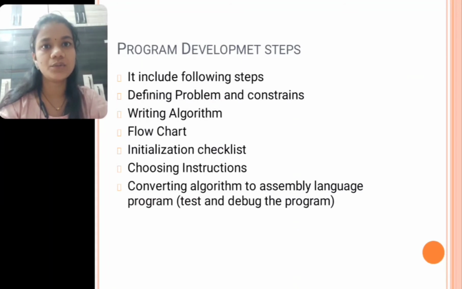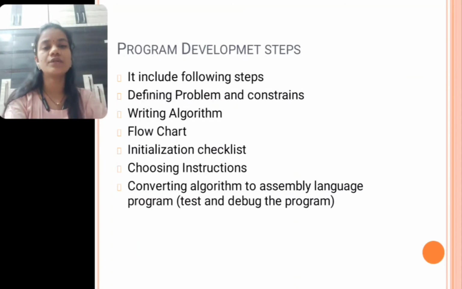Then writing the algorithm. We first have to write down the algorithm before starting the actual program. An algorithm is nothing but the steps of doing the program. Then the flow chart, meaning in what flow we are doing our program, so a flow chart is most necessary. Then initialize the checklist. Next is choosing instructions, which instructions are suitable for our steps and our programming.